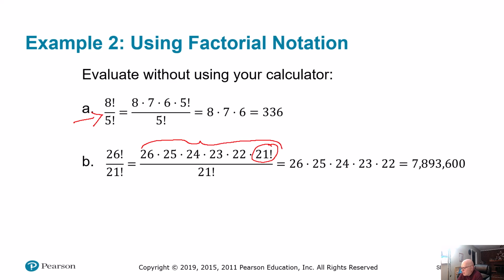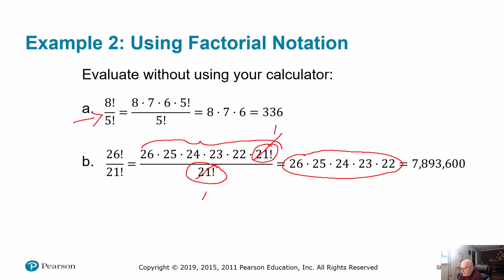The reason we stop there, of course, is because you look down here and see the 21 factorial, and looking ahead, you know that this will cancel with that. They'll both become 1's, and what do we have? A much smaller number.